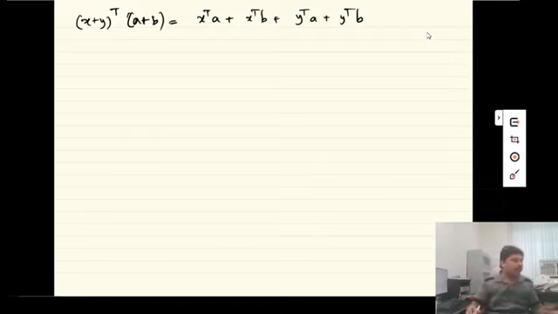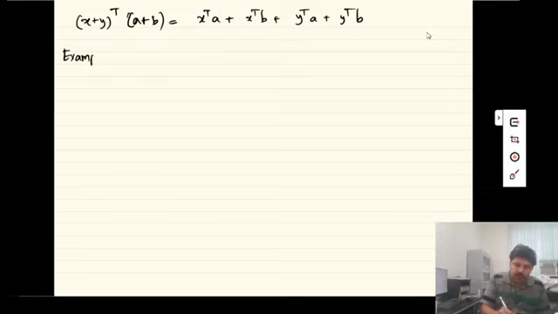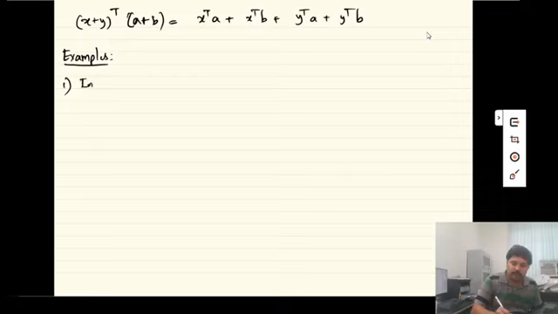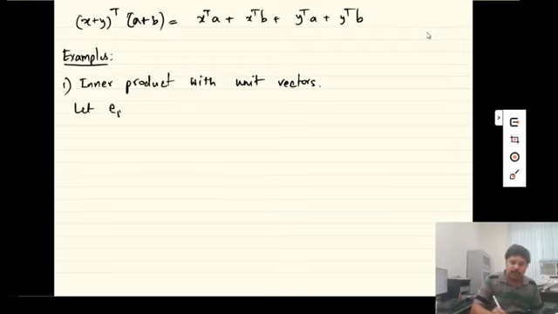Now, some interesting examples about inner product. The first example is inner product with unit vectors. Let e_i be the ith unit vector in Rn.